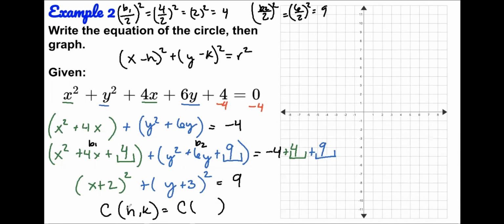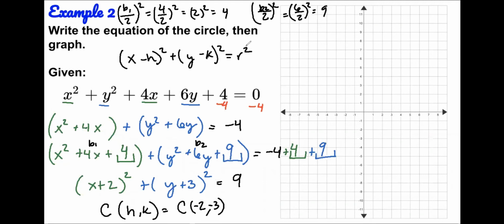My center would be what? Super close, Luis. Remember that whenever it's written in the equation, it's going to be its opposite value for the coordinate. Okay, I'll help you guys out. Negative 2, opposite value, negative 3. There you go.